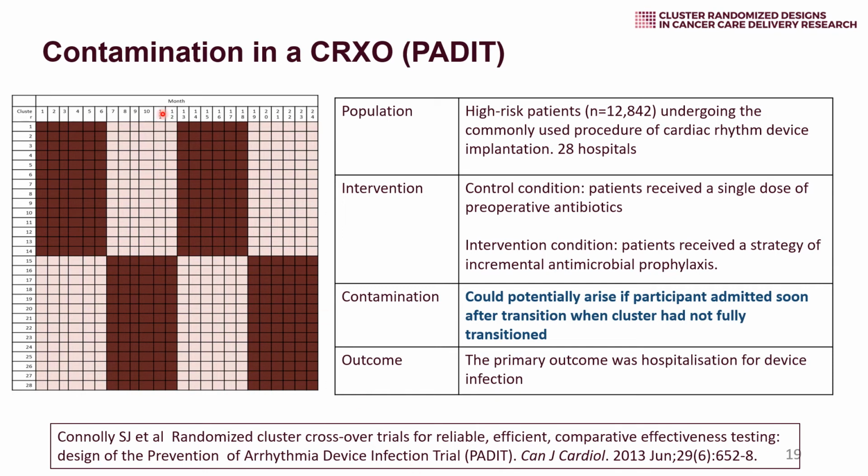So, for example, maybe a participant was admitted during this period here. Their cluster should have transitioned to the intervention condition, but maybe that cluster had delayed the implementation of the intervention slightly for some reason. So there is some risk here that contamination at the level of the cluster or the individual might arise.